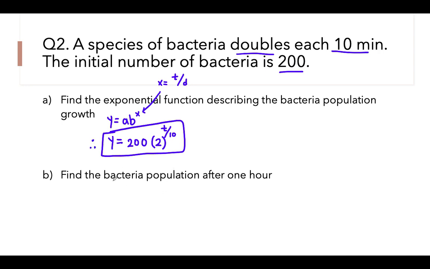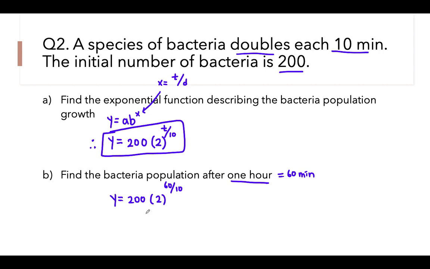Letter B. Find the bacteria population after 1 hour. Because the unit is in minutes, 1 hour is 60 minutes. So therefore, y is equal to 200 times 2 to the power of the given time, 60 minutes, over doubles every 10 minutes.